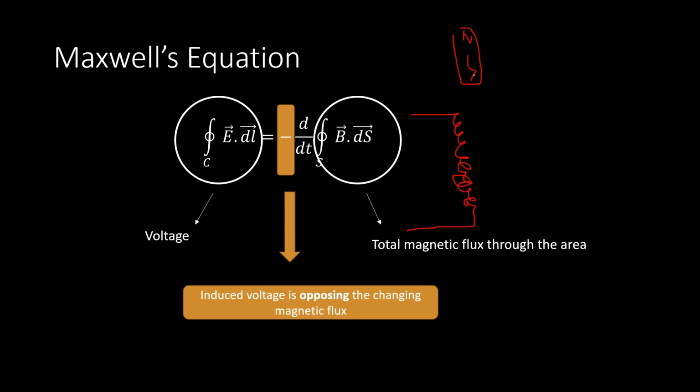That is, when the magnet falls into this coil, the current generated will be in a direction opposite to the motion of the magnet, which will produce a force F on this magnet by the electric field.